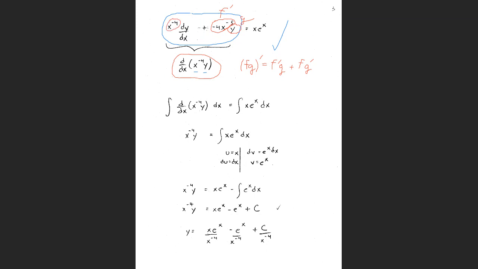This here is F. And this here is G prime. Because x to the negative fourth is F, and y is G.